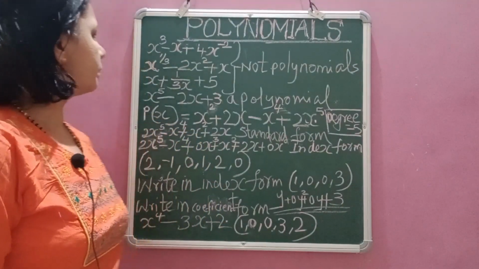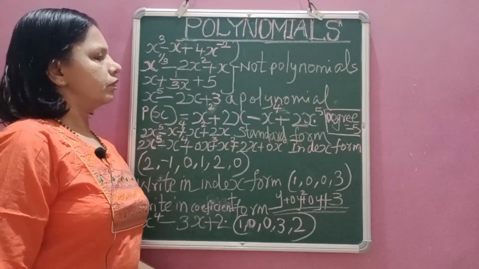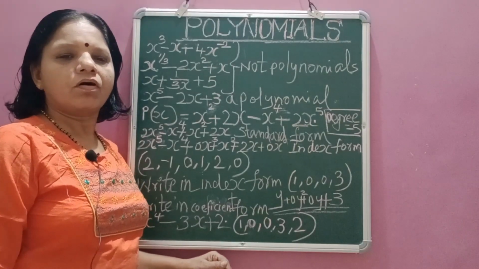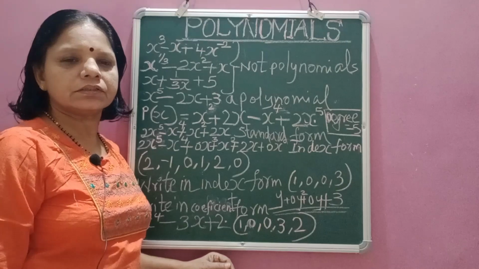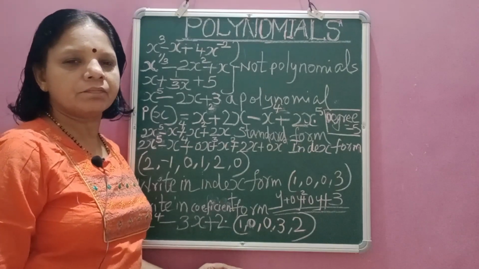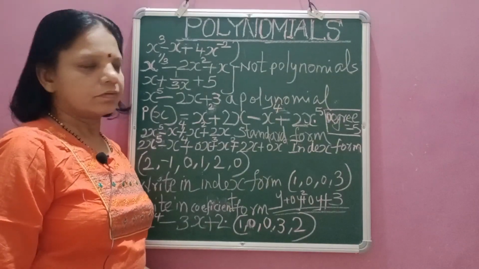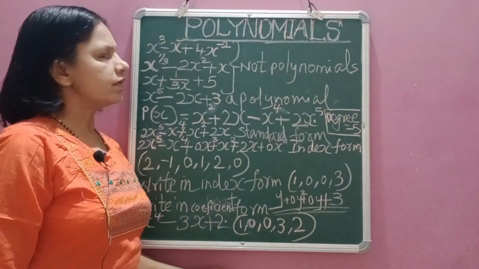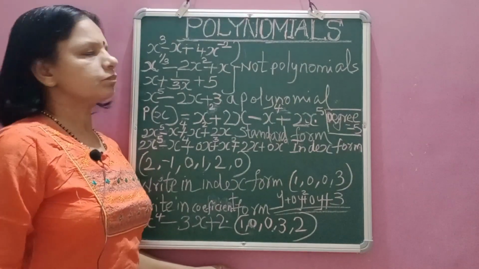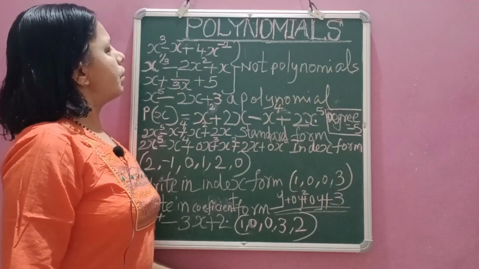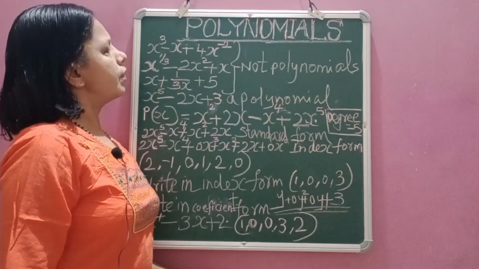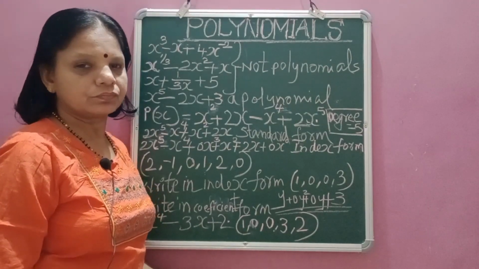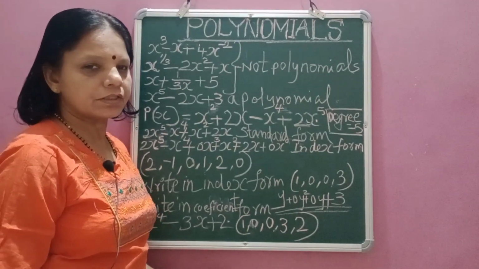Look at the example. Here we will consider the polynomials or the algebraic expressions in one variable only. So look at these algebraic expressions. x cubed minus x plus 4x raised to minus 2. It is an algebraic expression.